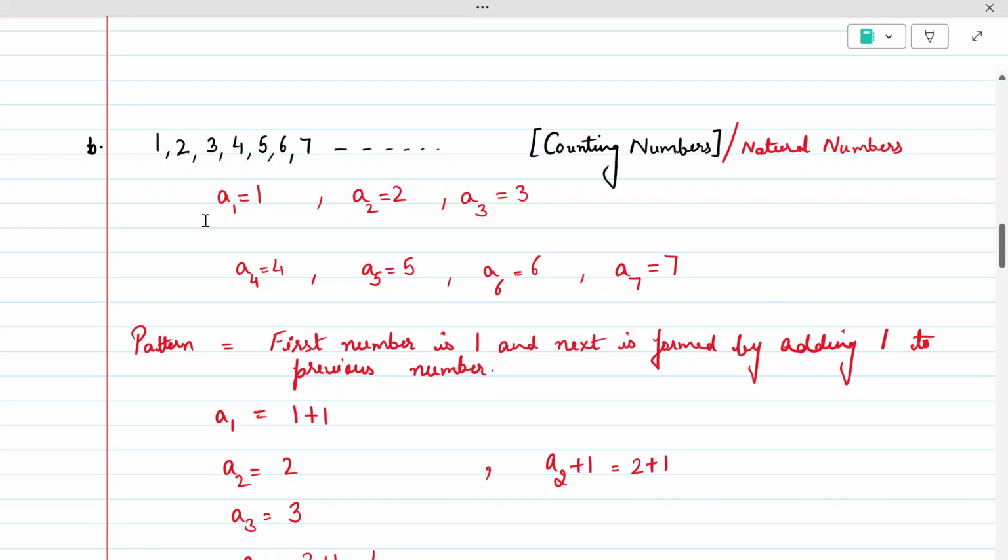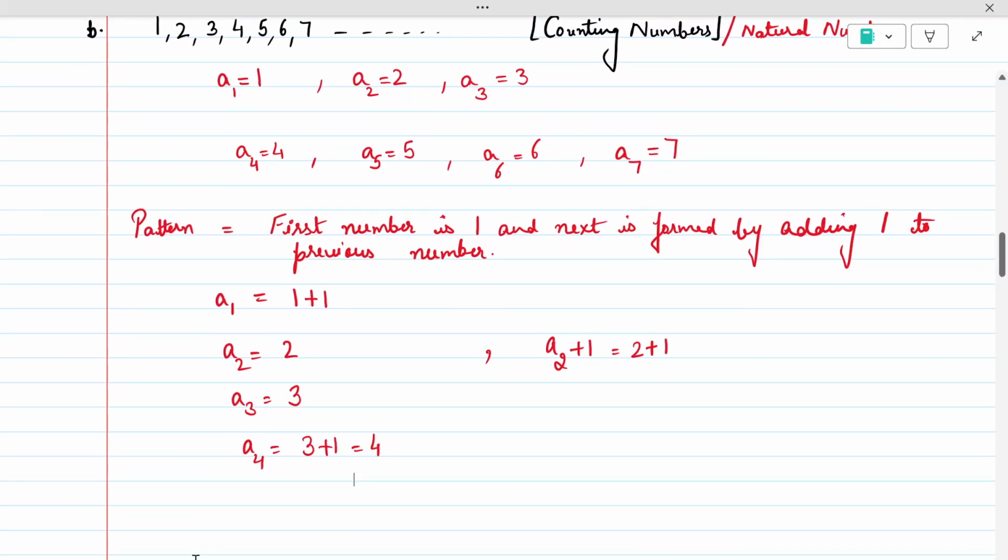Also, we can see at which position which number is present. So, if I ask you what number is present at A19 position, since at first position 1 was there, 2 was there, 3 was there, and so on, that means at A19 position the number would be 19.